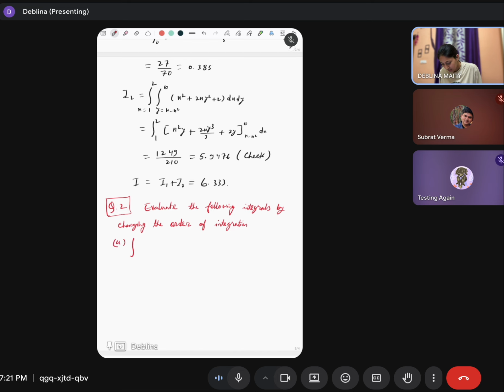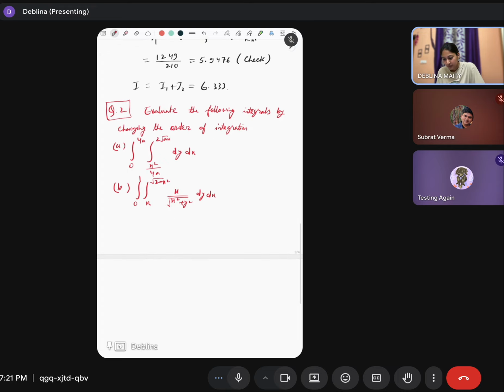Okay. So the first one is 0 to 4a, dy dx. This is 2 minus x square. So we have dy dx, and then we have to solve it by first changing to dx dy.